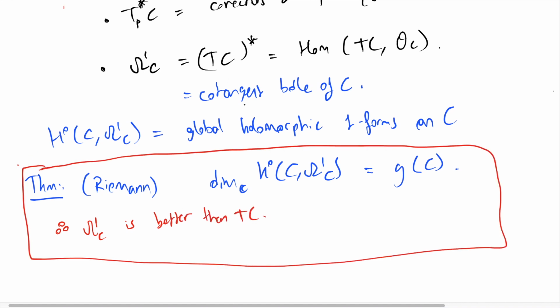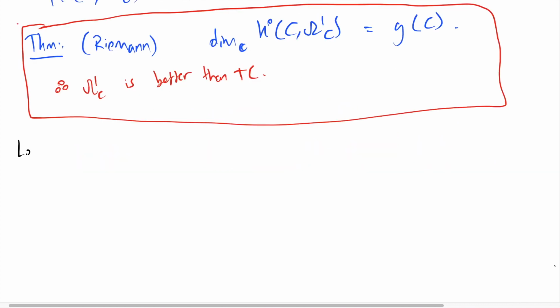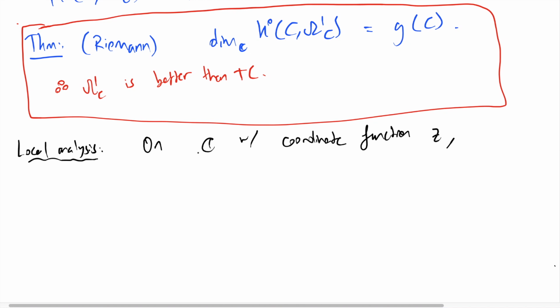Okay, now let's do another local analysis of this cotangent bundle. So the complex curve locally looks like the complex plane. So I'm just going to talk about the complex numbers. Again, I'm working on C with coordinate function z.